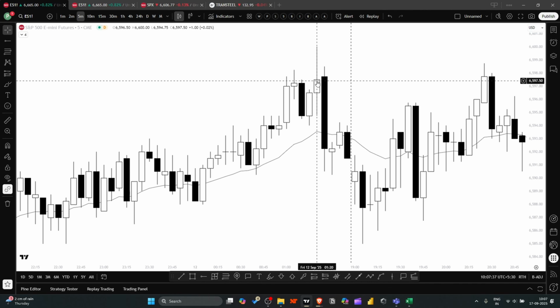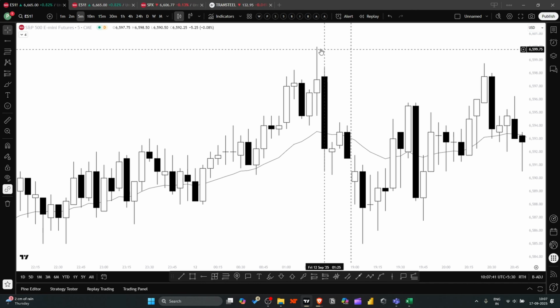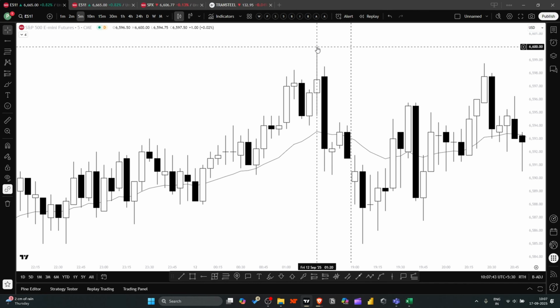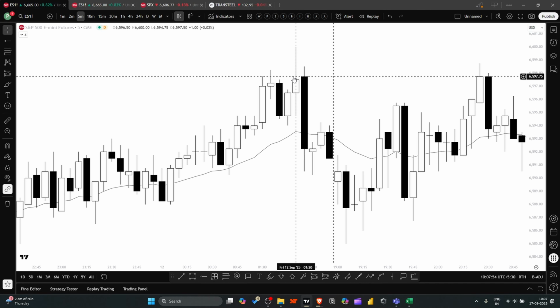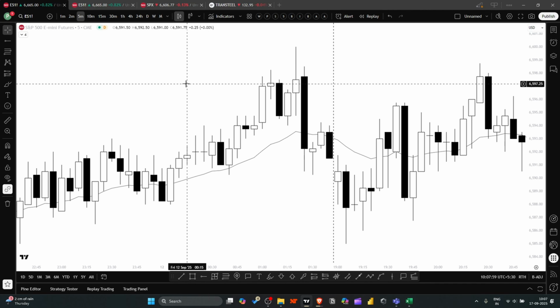Here, although it has a bull body, if you compare the wick of the candle with the range of the candle, it's huge. So price at a point went all the way up here and then fell down. So is this clear? So this is the implied reversal bar.